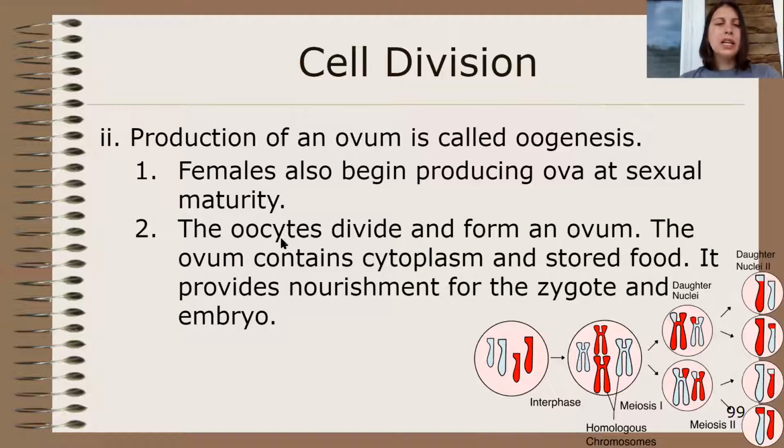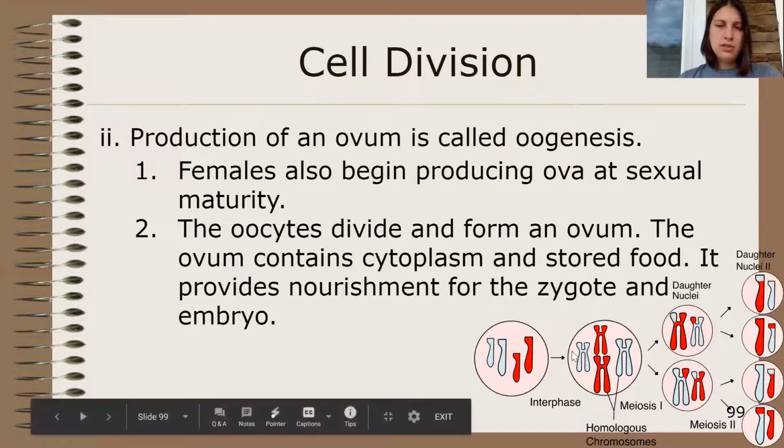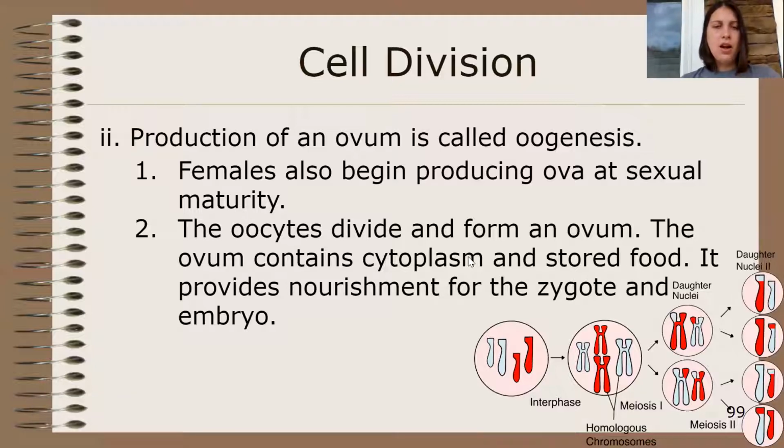And the oocytes divide and they form ovum. The ovum contains cytoplasm and stores food. Cytoplasm should kind of send off a light bulb, like, hey, I've heard that word before. Yes, you have, when we learned about the parts of the cell.